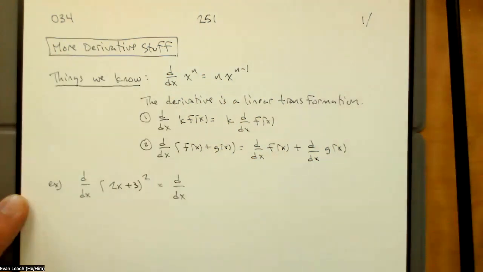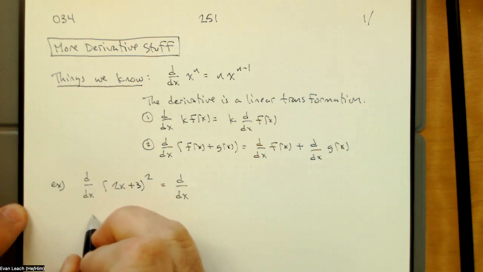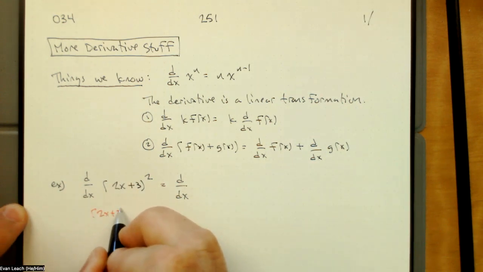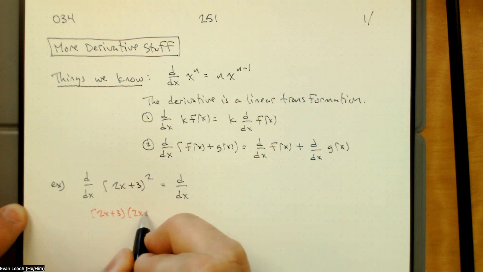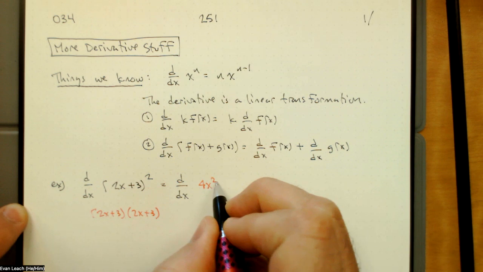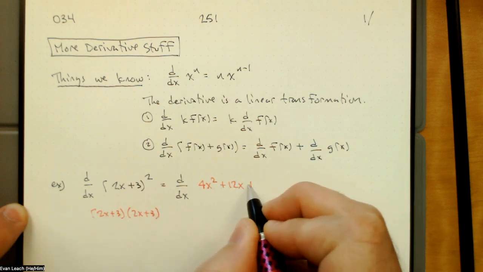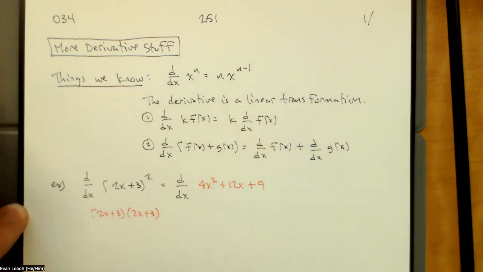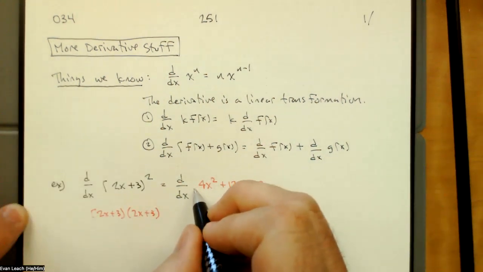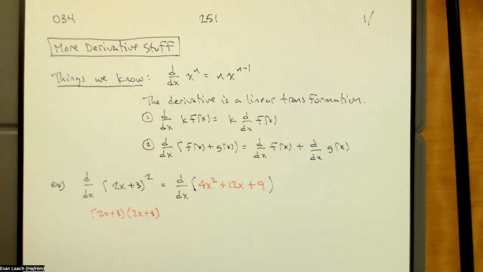So if I just take the 2x plus 3 and expand it, I can take the derivative of 4x squared, which is 8x, plus 12x plus 9, so the derivative is 8x plus 12. So right now I have the power of a sum, but if I multiply that out, I can just turn it into a sum.